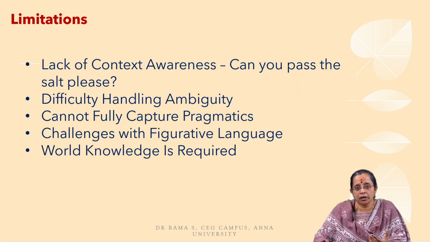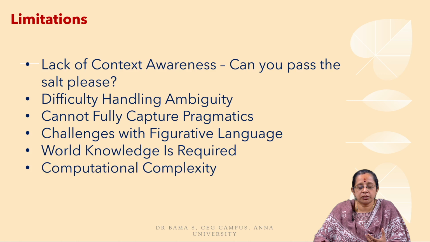And world knowledge is required. Whatever we see in India may not be the same in other countries. So, how do we adapt to that kind of slang, and how do we identify the meaning behind it? Again, that is going to be difficult. Then there is the computational complexity behind understanding the language, which is a very big task.